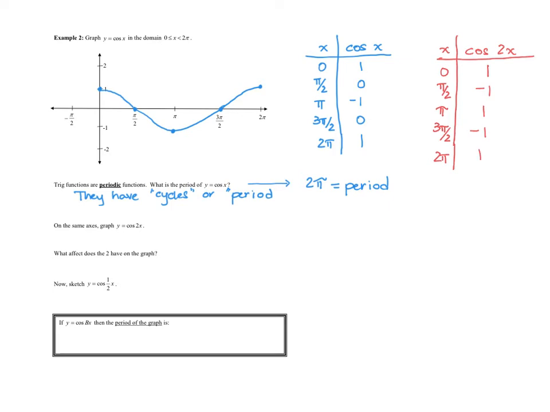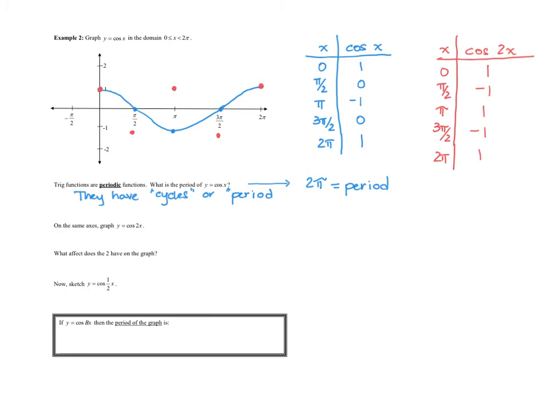So if I start to graph those values, I have 1 at 0, negative 1 at pi over 2, 1 at pi, negative 1 at 3 pi over 2, and 1 again at 2 pi.